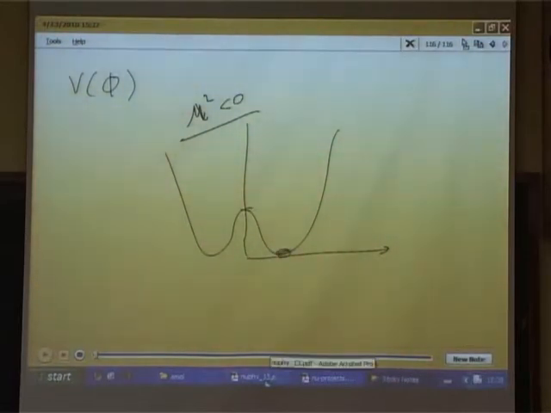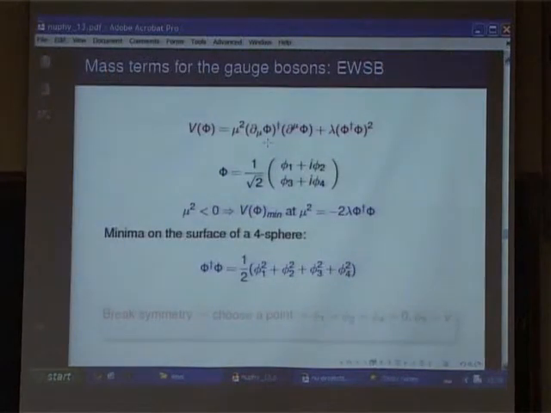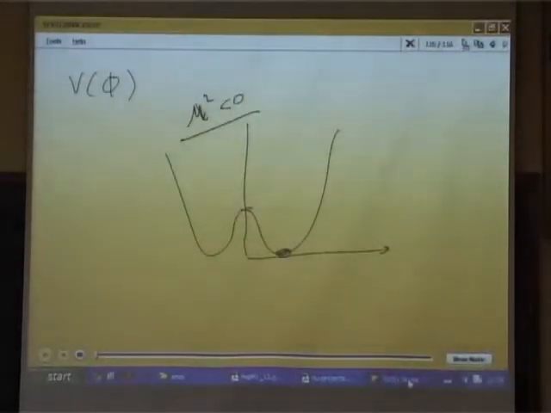So I can take derivatives of this to find the minimum of this potential. V is equal to mu square phi dagger phi plus lambda (phi dagger phi) square.